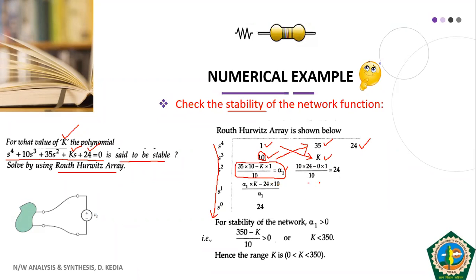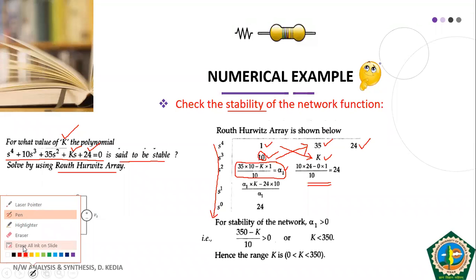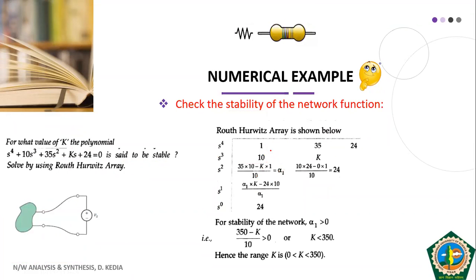Now we have to calculate the coefficient here. We take the first column coefficients, that is 1 and 10, and then we take 24. So 10 multiplied with 24 is 240, 1 multiplied with 0 is 0, divided by 10. So it comes out to be 24 only.